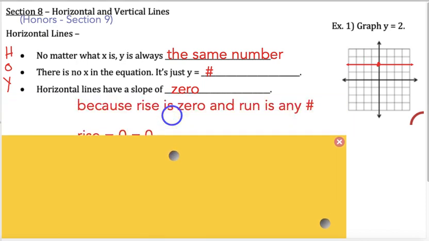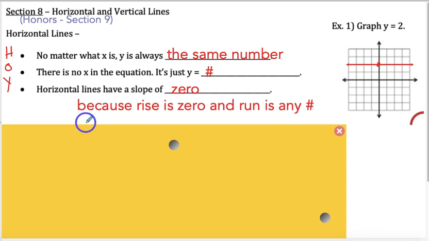Now why is the slope 0? Let's look at that. If you remember from the equations that we've been graphing and analyzing slope, we can calculate slope by rise over run. So the rise on a horizontal line is 0. So we have all these perfect points. There's never a rise between them.